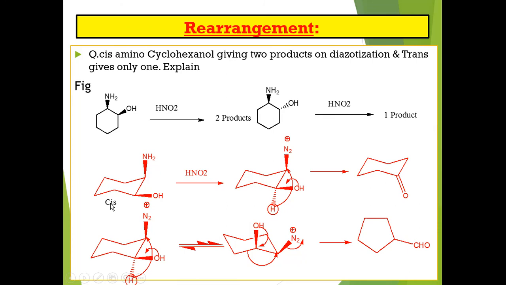Now see here, for the cis isomer, the first step is diazotization and formation of the diazonium cation, and here a shift of hydrogen takes place. Instead of elimination, a shift of hydrogen takes place, and N2 plus is given out, with formation of cyclohexanone.